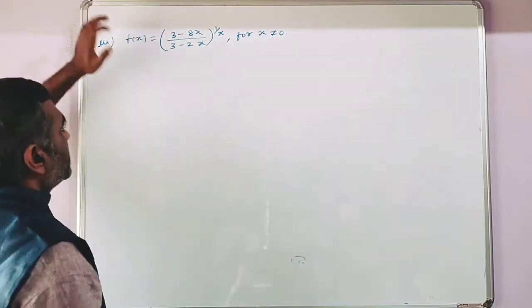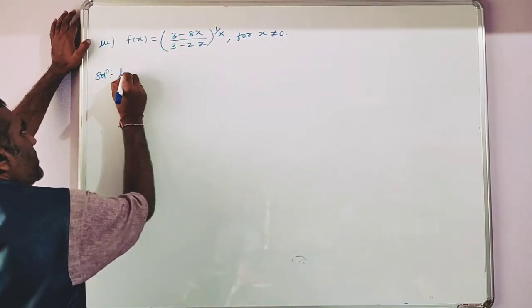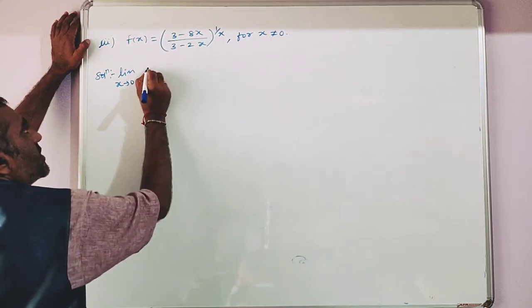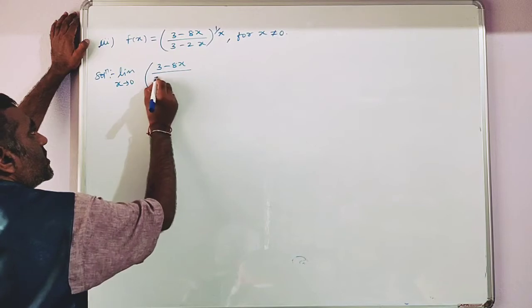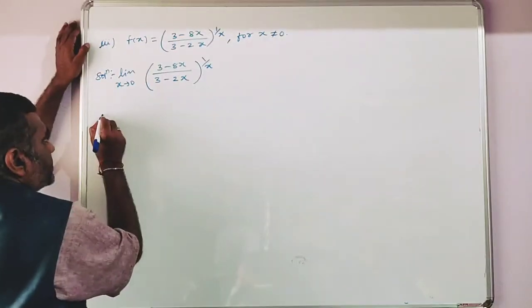Now, solution for this: limit as x tends to 0, (3 minus 8x) whole divided by (3 minus 2x) raised to 1 upon x.